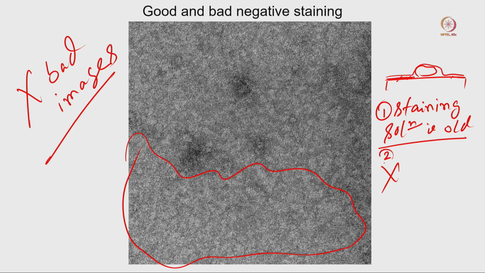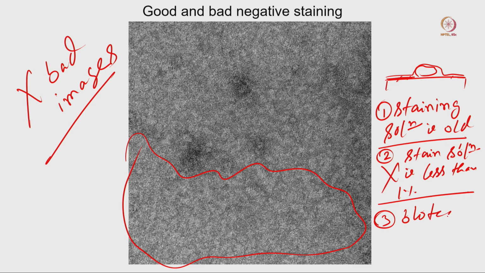The second option is that the staining solution percentage is less than 1%. When you measure the amount of uranyl acetate and uranyl formate, there is something wrong, or you blotted most of the staining solution.